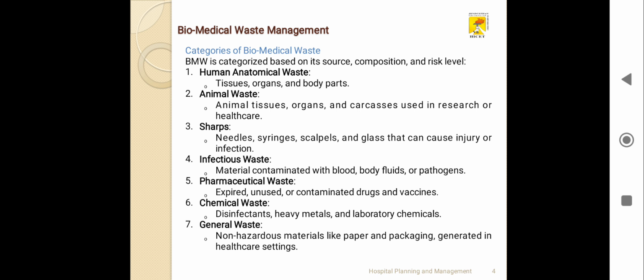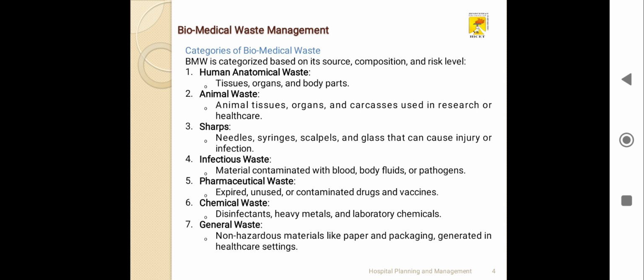If the doctor is doing any surgery or cleaning any wounds or infections, the tissues, organs, and body parts are considered human anatomical waste. Animal waste is similar: animal tissues, organs, and carcasses used in research or healthcare.